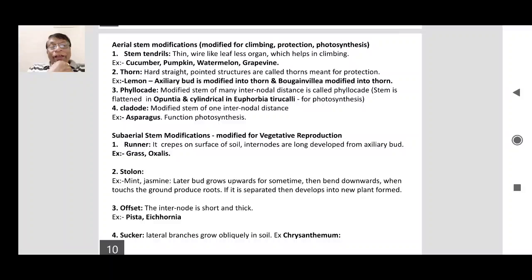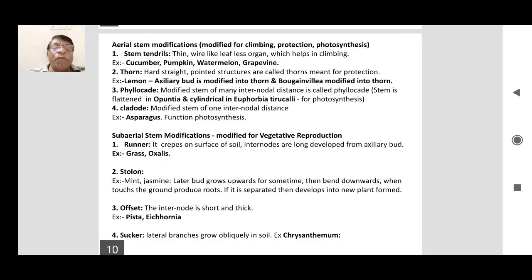Next, phylloclade. If you examine plants like opuntia, we call it papas kalli. Euphorbia, thirukalli, in Kannada we call kalli. They plant it as a fence in villages. The stem is modified into phylloclade. What is phylloclade?